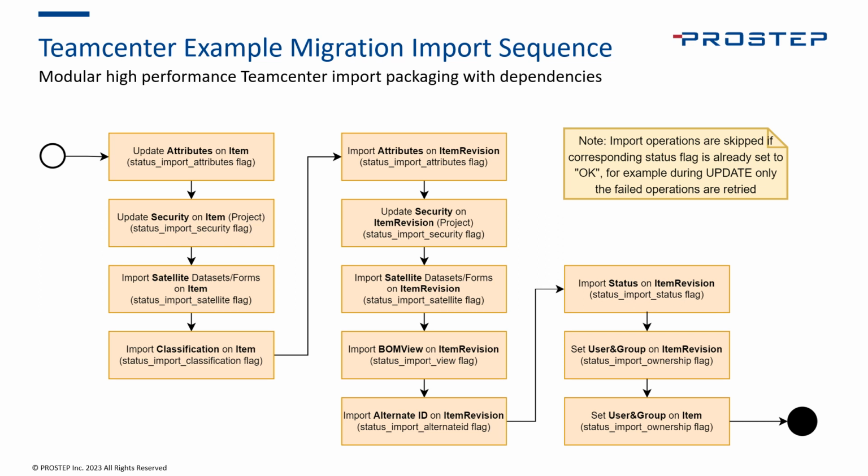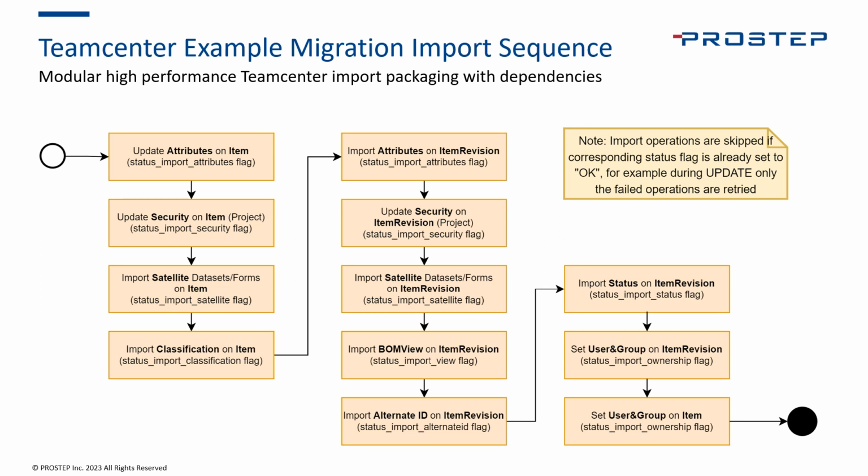So in this case, you're creating items, attributes on that, updating the security for that, creating the datasets, relating those to the items if there are some there, setting the classification of it, creating the revisions for the item, updating the security on the revisions and the datasets on there, creating the BOM view on the item revision, any alternate IDs, setting the status, and setting the ownership, user and group on the revision and the item itself.